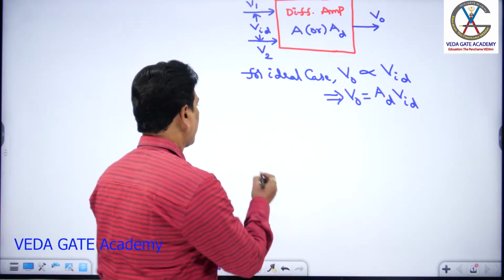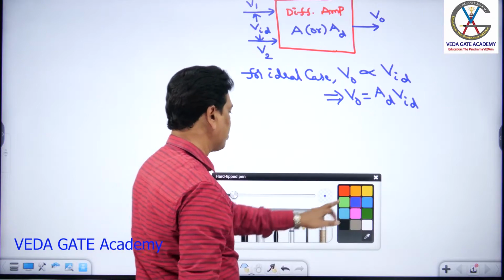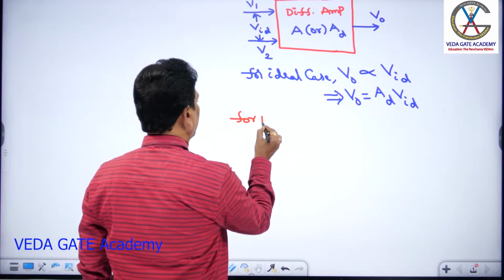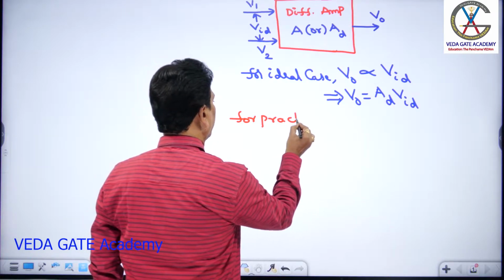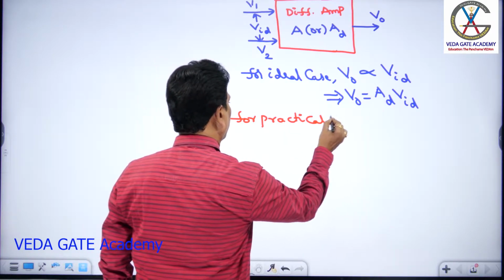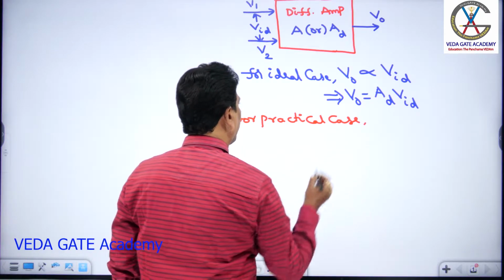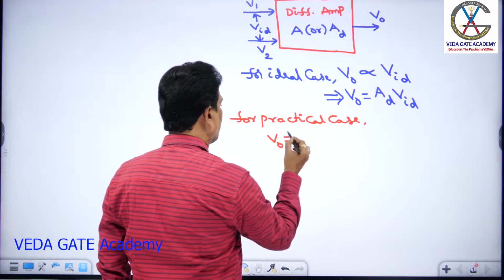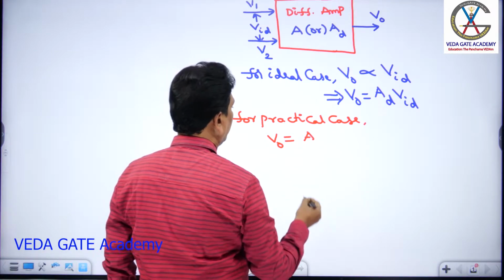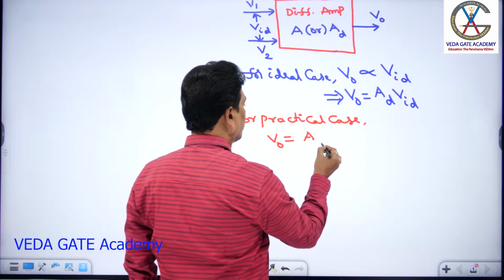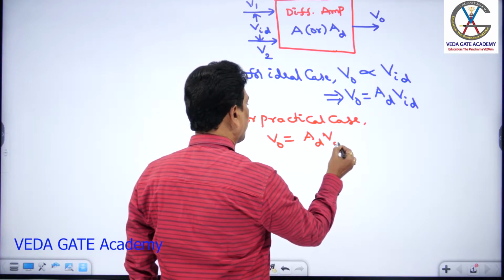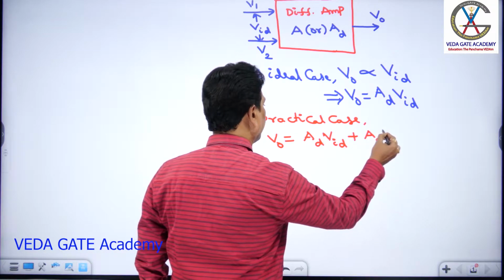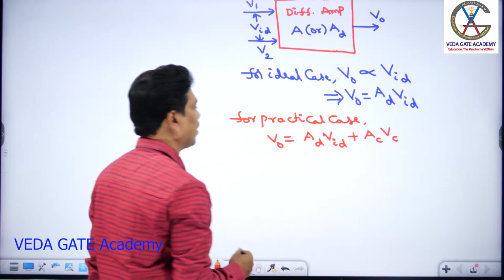So for the practical case, the output V0 not only depends on the difference of the two inputs, but also depends on the common mode input, so you write the output as V0 equal to AD VID plus AC VC. So this is the practical condition.